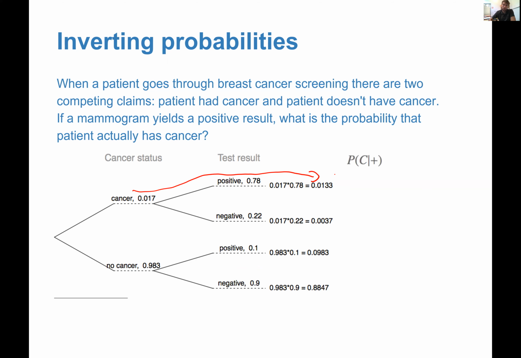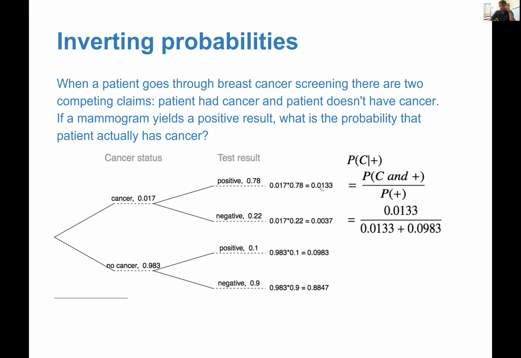Okay, so let me erase. The probability of cancer, given that they had a positive result, is the probability of cancer and positive divided by the probability of positive. And the probability of positive is this one and that one, because it could be a true positive on the top or a false positive on the bottom. Okay, so that's 0.12, or 12%.